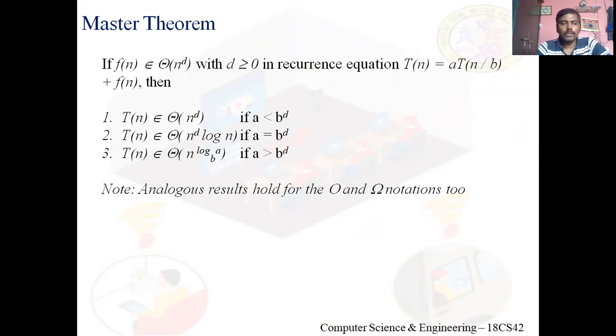So this is about Master's theorem. Here I need not have an initial condition, so I can explicitly state the efficiency class.